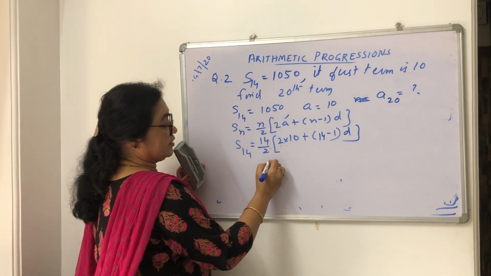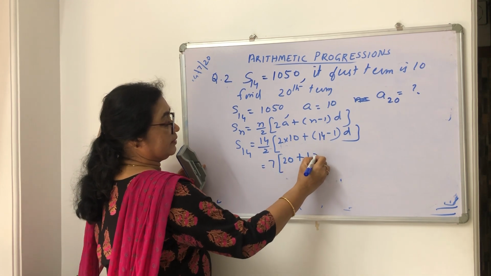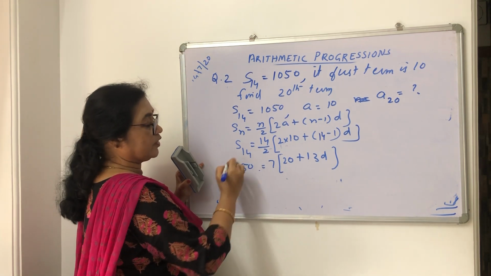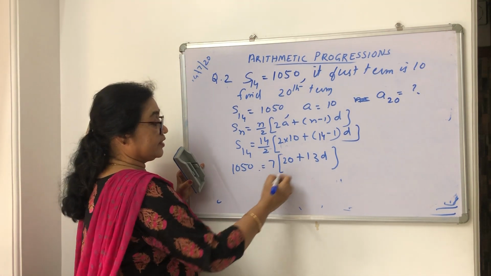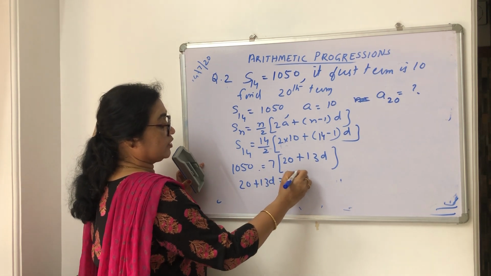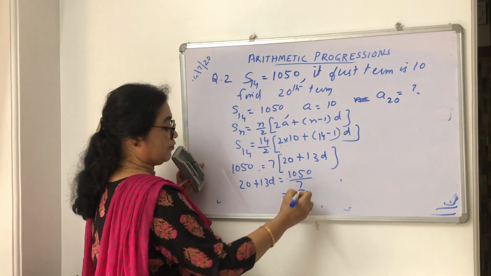So this is 7 into 20 plus 13d, and S14 is 1050. Taking the 7 to this side, 20 plus 13d equals 1050 by 7, which is 150.